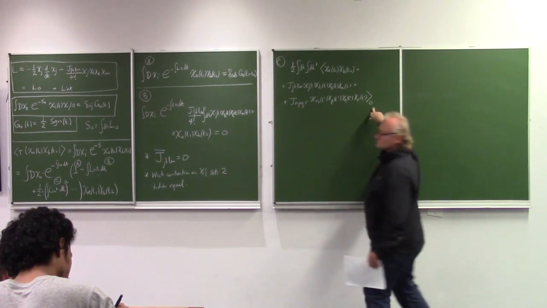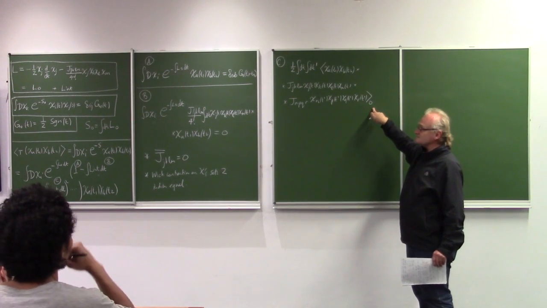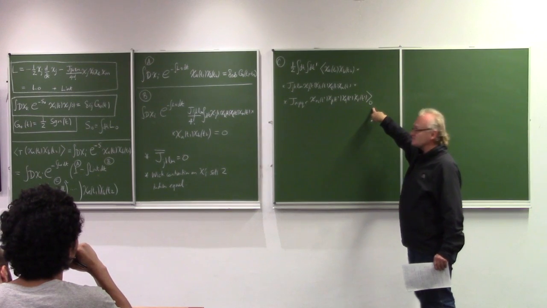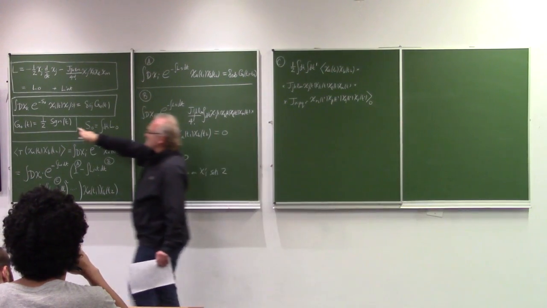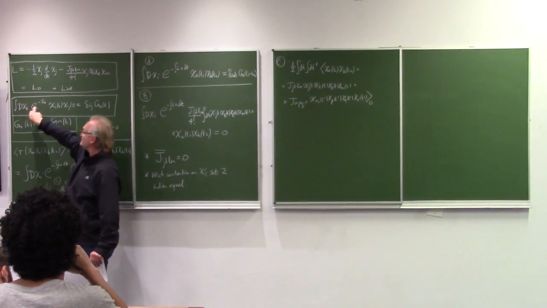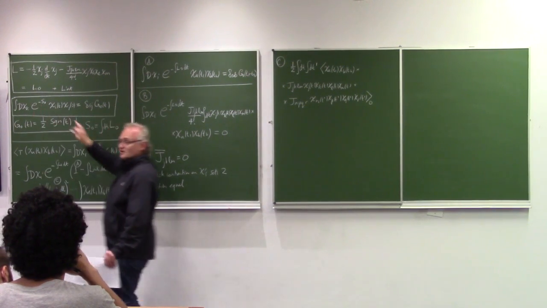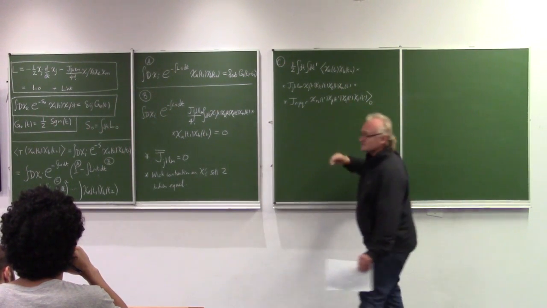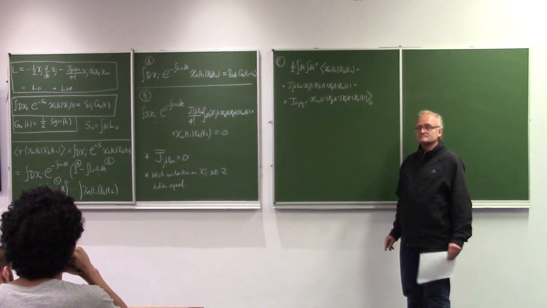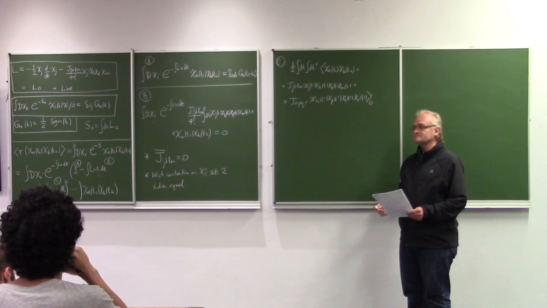And I'm going to put a note to indicate I'm taking this average in the free field theory. So I'm integrating the chi's e to the minus S naught of all of that stuff there. Happy with the notation?